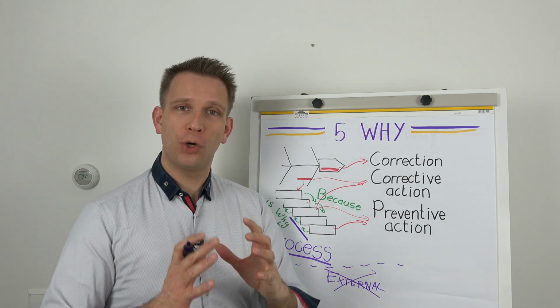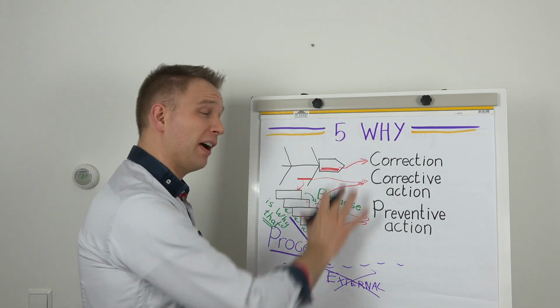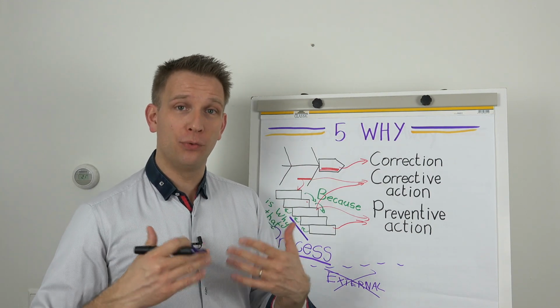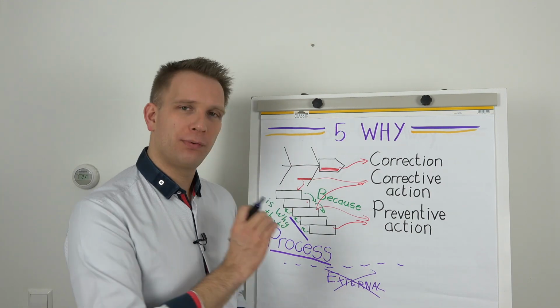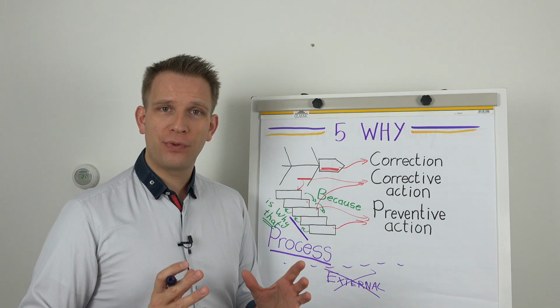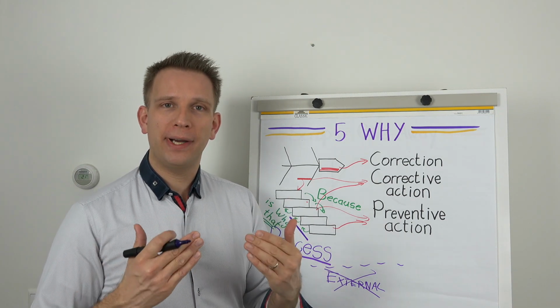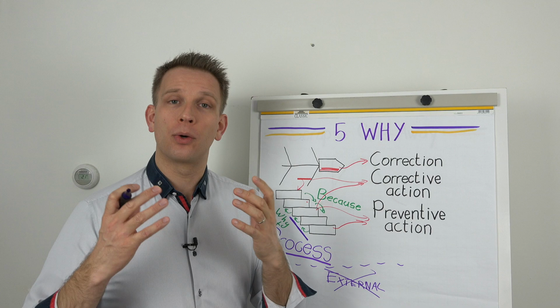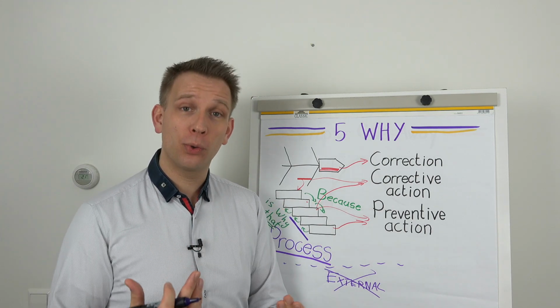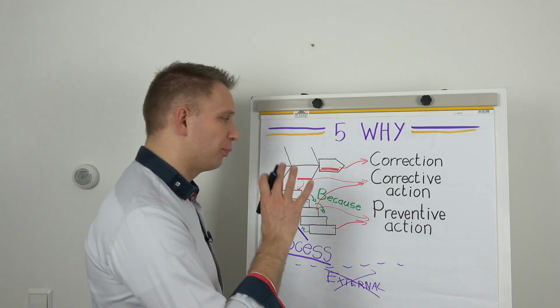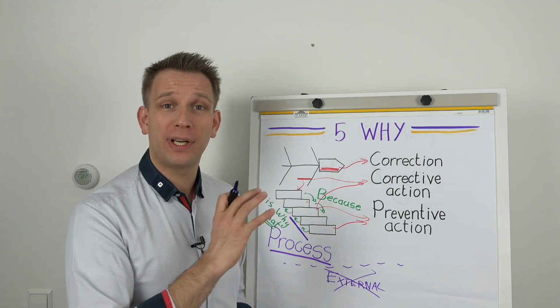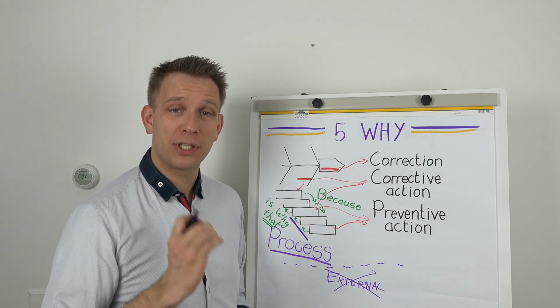So to put this all together, when we are doing a 5 why analysis, we are looking for root causes, and we do it for 2 reasons. The most obvious reason is because we want to find a process step, so something we can influence by how we organize our organization that will prevent this problem from occurring again in a stable, sustainable way.